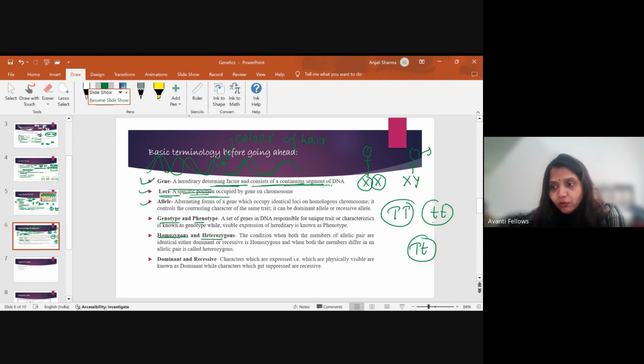The important thing is that both are similar, both are capital T, but here one is capital, one is small. So this is kind of what? This is a mixed character, correct? So this is known as heterozygous. The condition when both the members of the allelic pair are identical, dominant or recessive, that won't matter. That is known as homozygous, and the other is known as heterozygous.